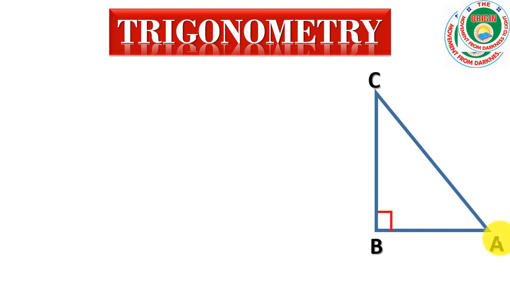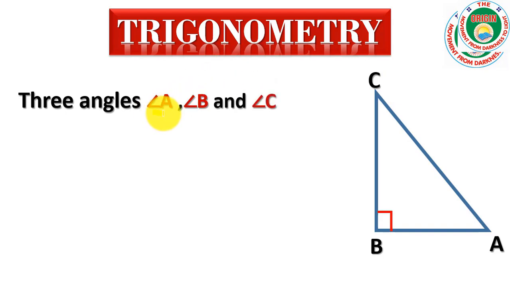This is a triangle ABC. Three angles are there, that is angle A, angle B, and angle C. In a right angle triangle, angle B here is 90 degrees, that is angle B equal to 90 degrees.